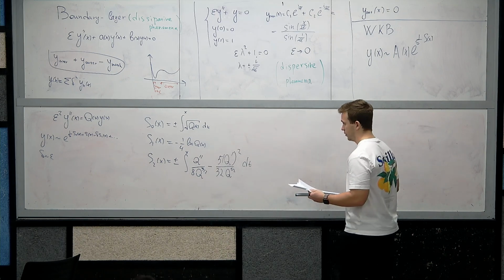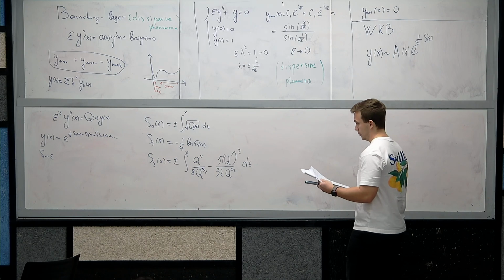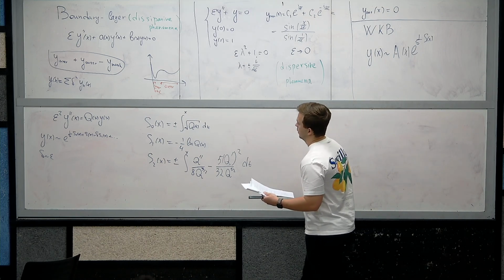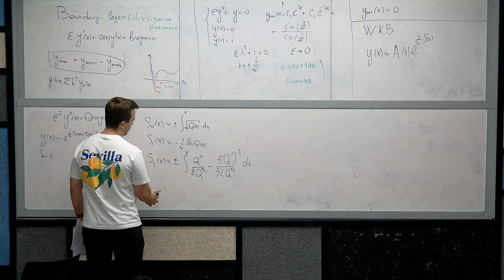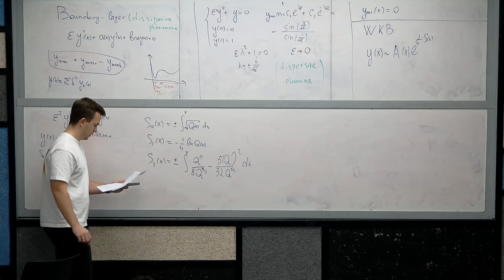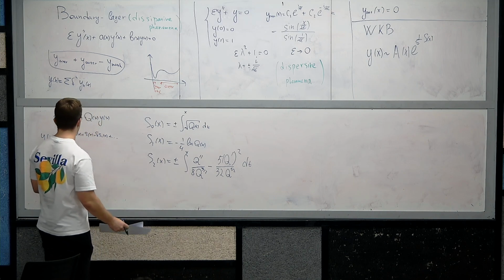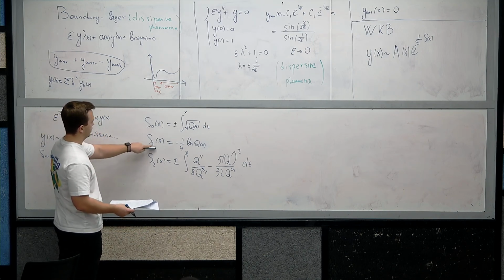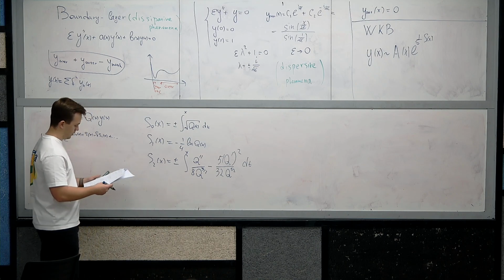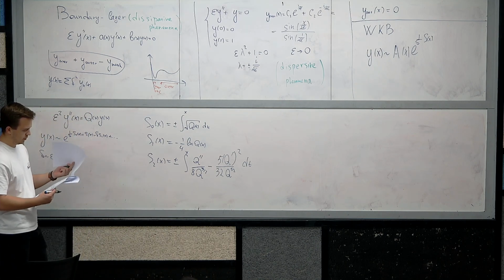In the internal notes you can also find S3, S4 and S5. Okay, but usually we use only these three. And you can easily write the general solution for second order. I think you did it in the lecture.